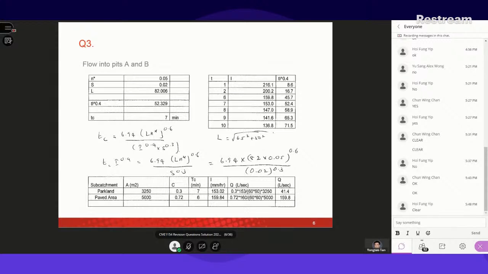Okay, so that means by using this equation, you cannot get the overland time of concentration directly. So you need to list a table. Step 1, you need to list a table. Okay, and step 2, with a given L, N, and S, you can calculate this one. Means this is the step 2.